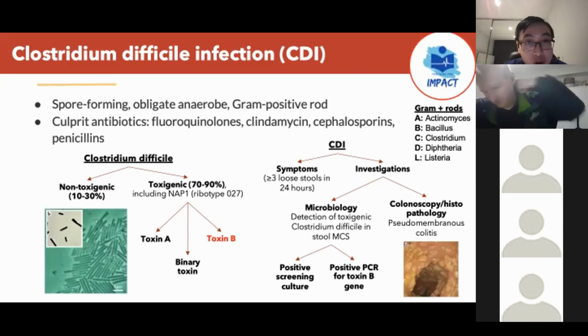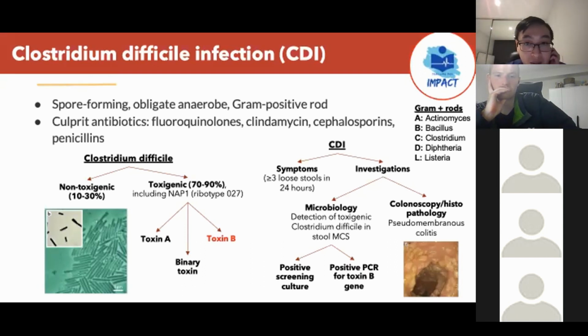In contrast, toxigenic strains of Clostridium difficile release 2 quite potent exotoxins, one called toxin A and the other called toxin B. Both bind to receptors on intestinal epithelial cells and are taken into the cells, where they activate the Rho family of GTPases, and that causes cell death.